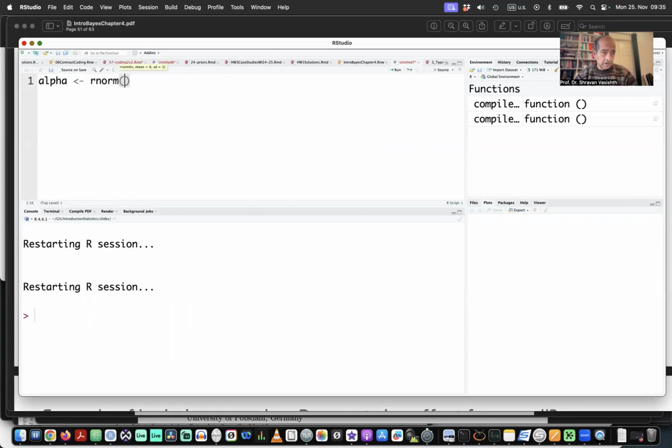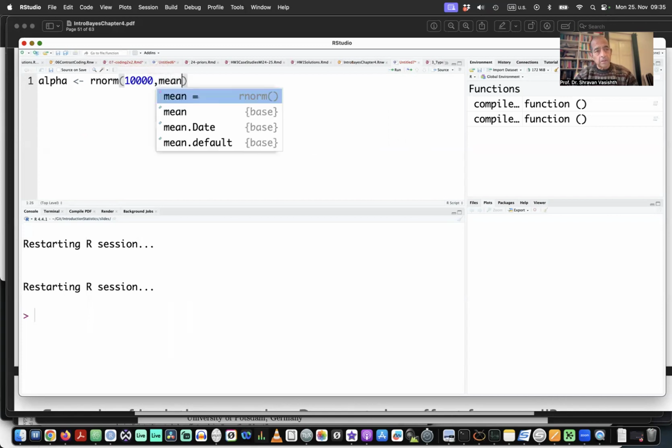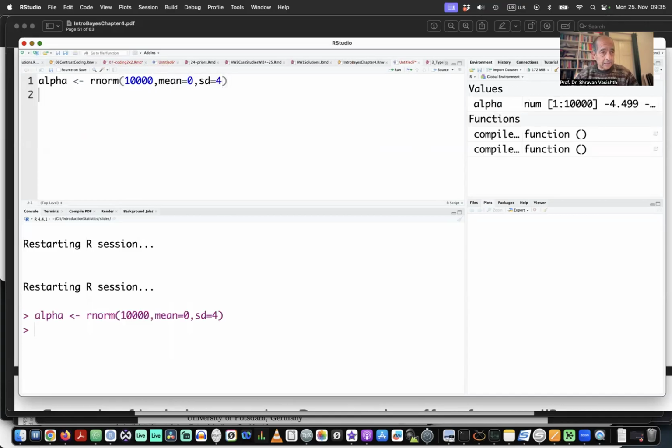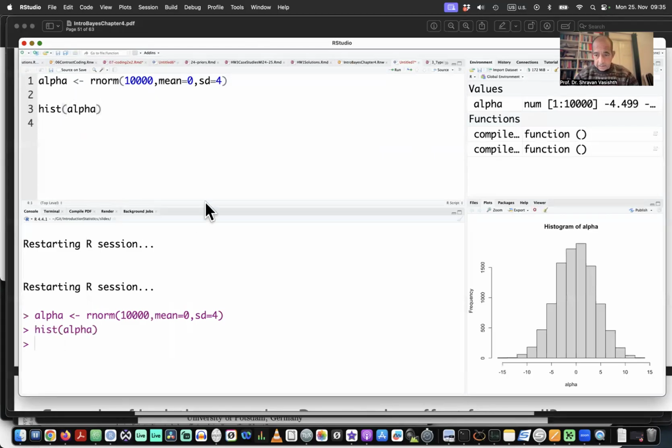Here's my prior: let's say I take 10,000 samples from a prior with mean 0 and standard deviation 4. That was the first one that I did. And then if I plot the histogram of this in log odds space, I see a nice Gaussian distribution, as it should be. But if I pass this through the plogis function, right?